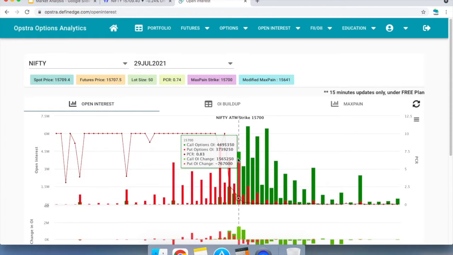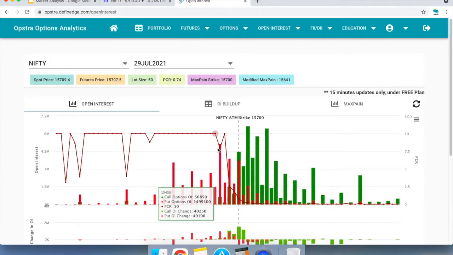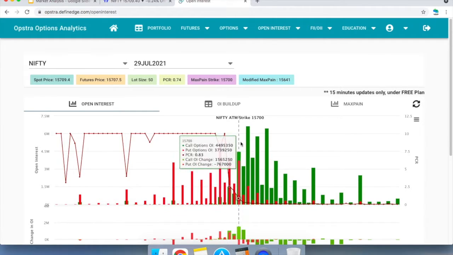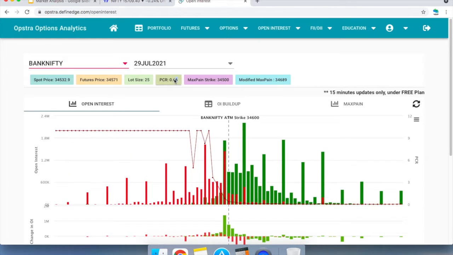So whether we would attempt the 15,800 resistance, whether we will hold the 15,700 current zone, or will we slip back to the support zone of 15,600 or 500, we don't know. But the highest put writing is 15,500. The PCR is 0.74, which has gone near bearishness. And Bank Nifty also, it is 0.66, further bearish. Put call ratio is indicating bearishness for Nifty and the Bank Nifty.